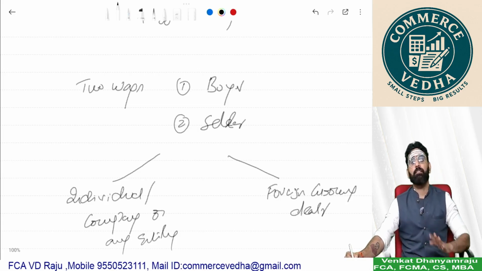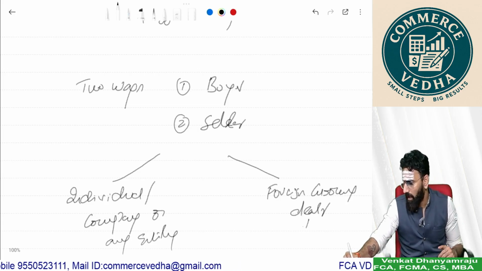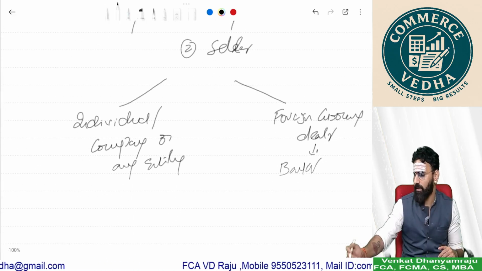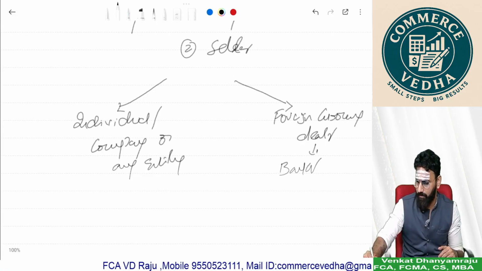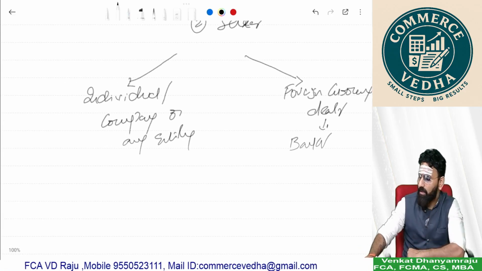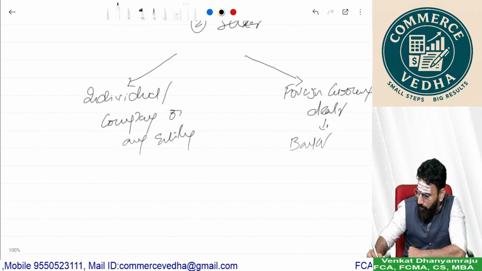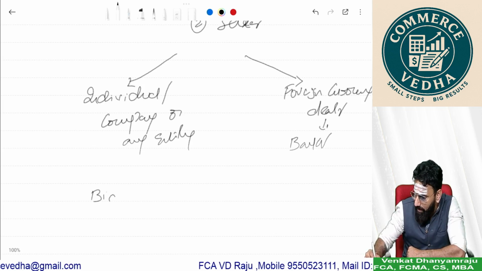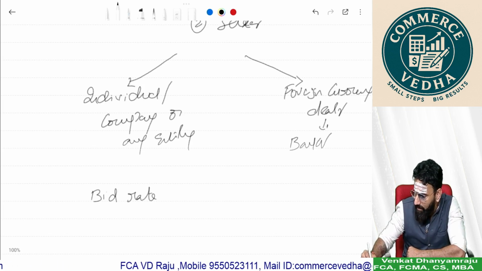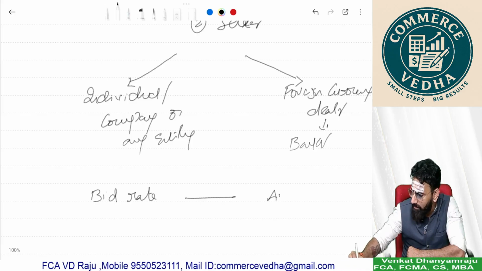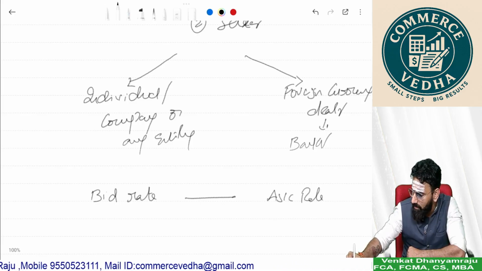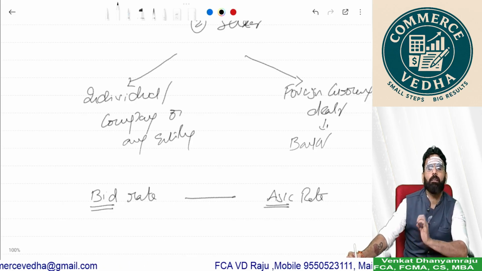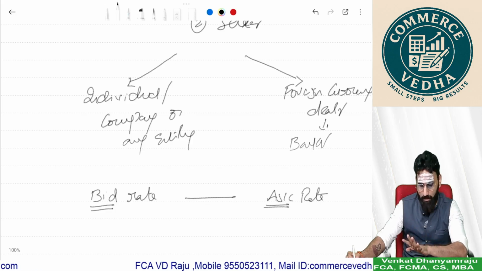For simplification, we'll understand this as the banker, the banker who deals in foreign currency. Now, there are two rates in a two-way rate. One is the bid rate, the other one is the ask rate.